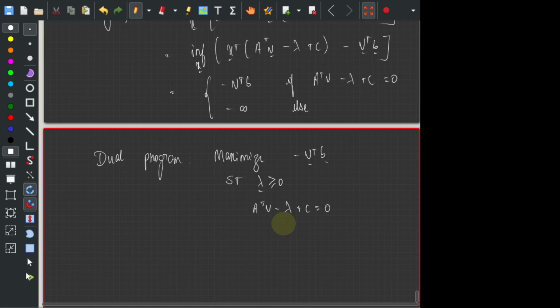We can reduce this to a single constraint, because lambda equals A transpose v plus c, which has to be greater than or equal to 0.